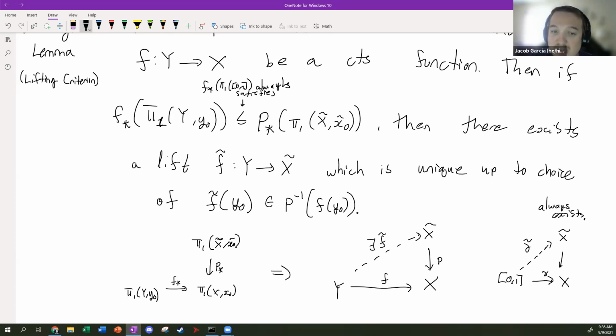And this lift is unique up to, all of this is saying, up to choice of base point. Let me color this bit a different color so you can tell that it's separate from the statement.